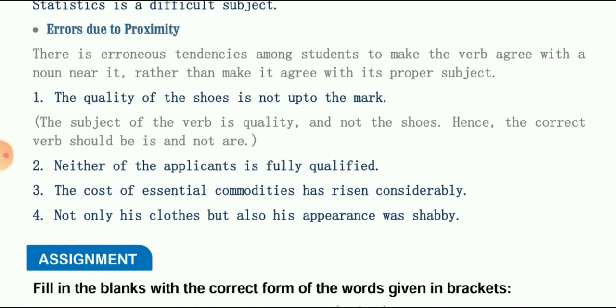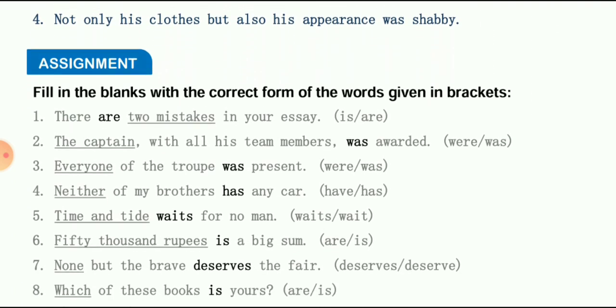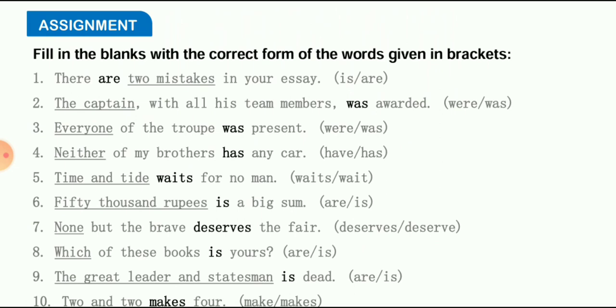Okay, now that is the assignment. Let's see. There are 2 mistakes in your essay. Actually we will use "are" because the subject is 2 mistakes, that is plural. The captain with all his team members.